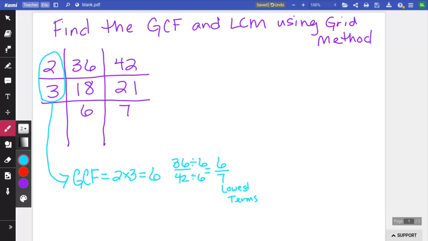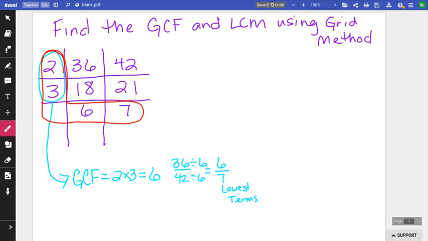Now, the least common multiple is already here for us also, and that's what we talked about, where we take all these numbers on the outside, which basically looks like a letter L. To find the LCM, we take all the numbers, 2 times 3 times 6 times 7, and find out what all of that equals.